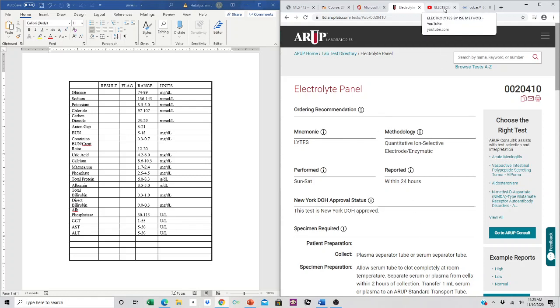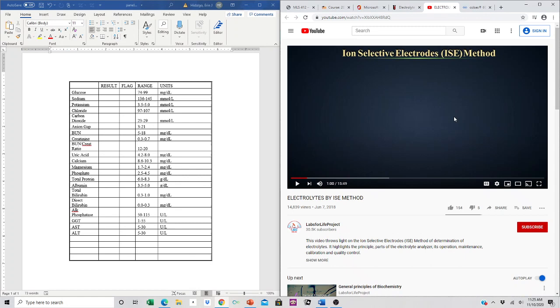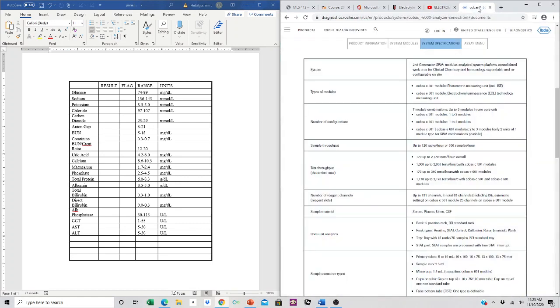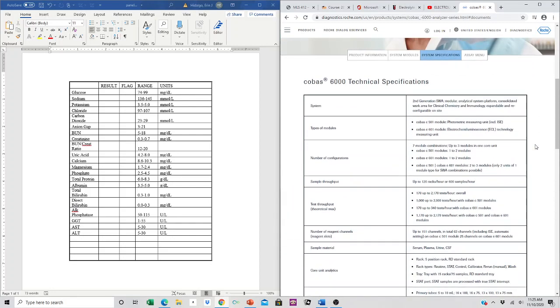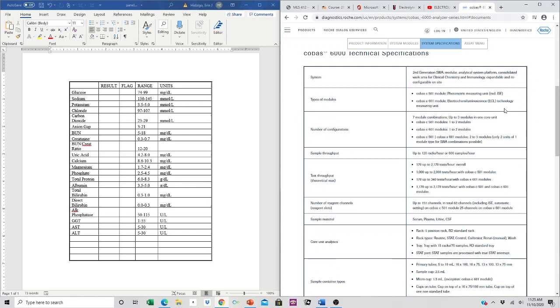So touching upon ion selective electrodes, I was going to show you also this web page from Roche about the cobas, which is one of the main chemistry analyzers. Where it tells you type of modules, it has two different modules. One is photometric and one is electrochemical, because I can't say that big 16-syllable word, so I'm just going to call it electrochemical.